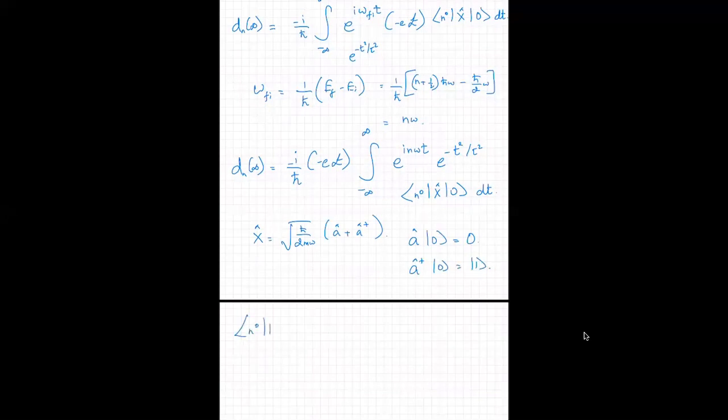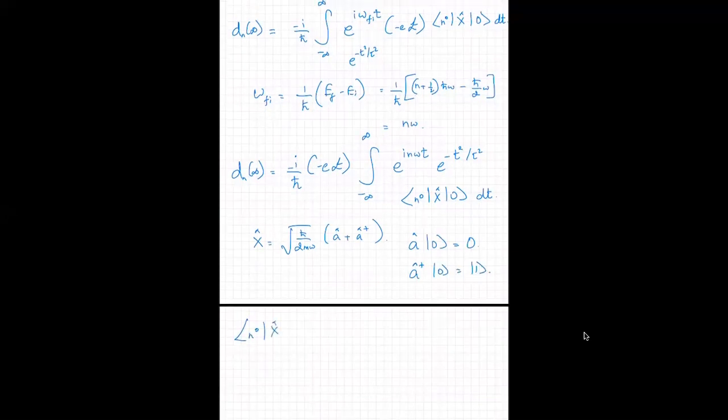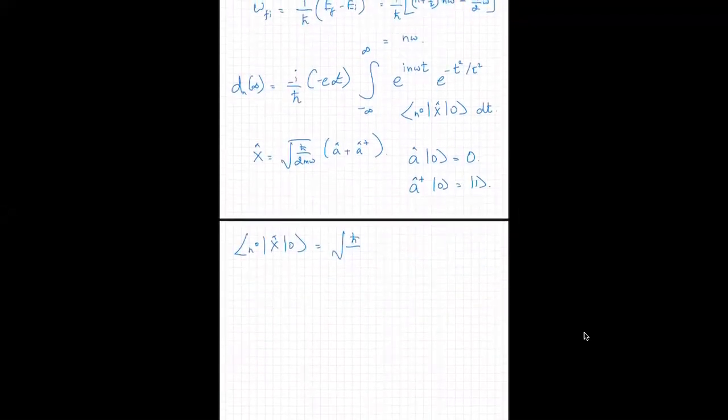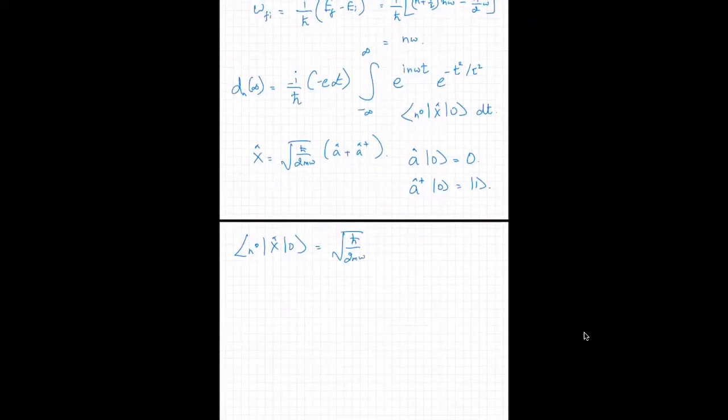So <n|x|0> would be square root of h bar over 2m omega times <n|(a plus a dagger)|0>, which is equal to, a acting on 0 is 0, a dagger acting on 0 is |1>. So this is the overlap of n and 1. So this is basically square root of h bar over 2m omega times delta_{n1}. So what does this mean?